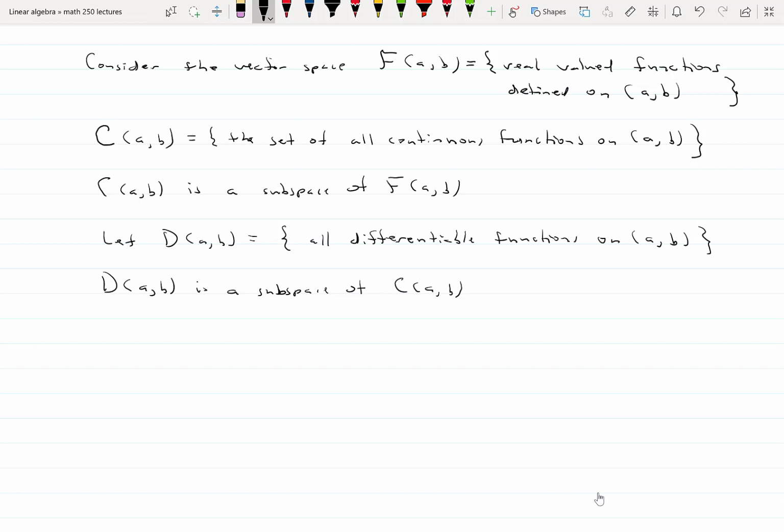That's one of the first theorems that students of advanced calculus, called analysis, study if you're a math major, that every differentiable function is continuous automatically, but the reverse is not true. Every continuous function is definitely not differentiable. The absolute value is continuous, but it's not differentiable at 0. Okay, so D is a subspace of C.